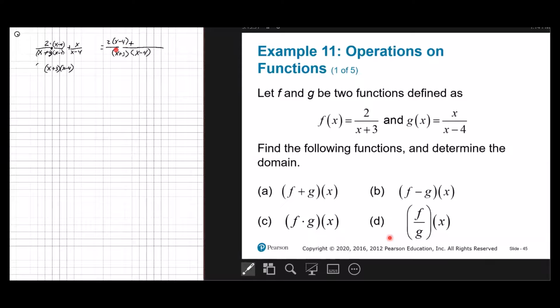And the x minus 4 is inside parentheses. And this one, to get this x minus 4 to look like x plus 3 times x minus 4, I have to multiply the denominator here by x plus 3. And I need to multiply the numerator by the same thing. So this new numerator is going to be x times x plus 3. And the two fractions I get will have the same denominators.